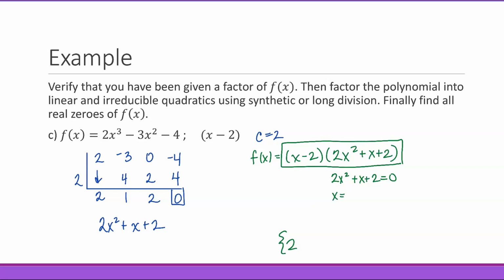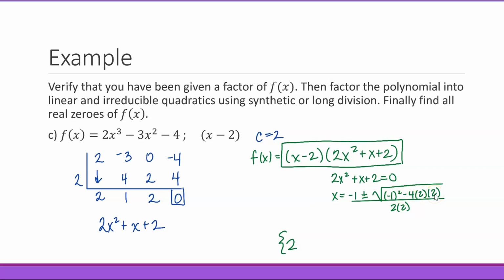So we have x equals negative b plus or minus the square root of b squared, negative 1 squared, minus 4ac, 4 times 2, all over 2a, 2 times 2. Now, let's see, underneath the radical here, I have what's called the discriminant, and that's going to give me 1 minus 16.